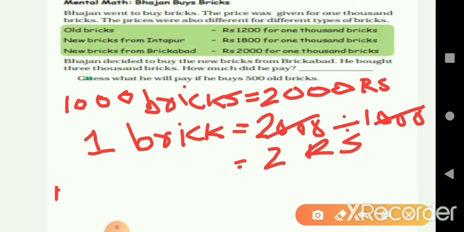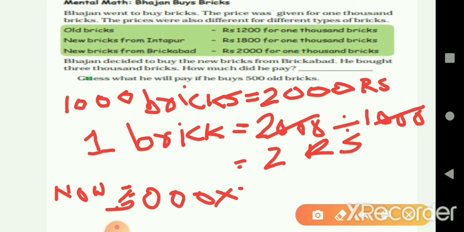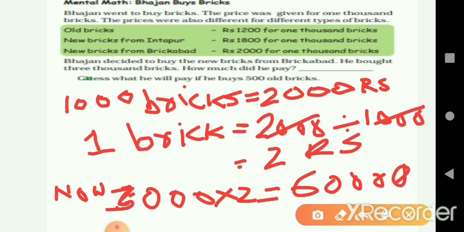Now if you want to find the cost of 3000 bricks, simply multiply 3000 bricks by 2. When we multiply 3000 with 2, we get the answer 6000.